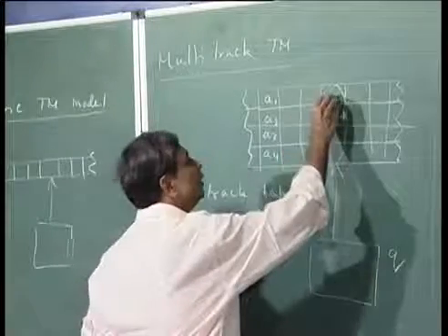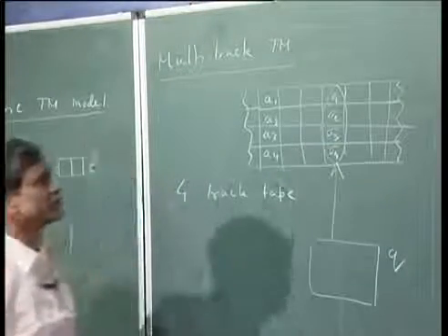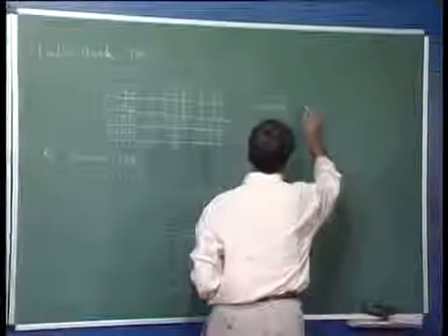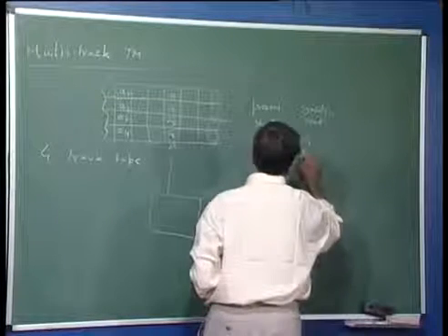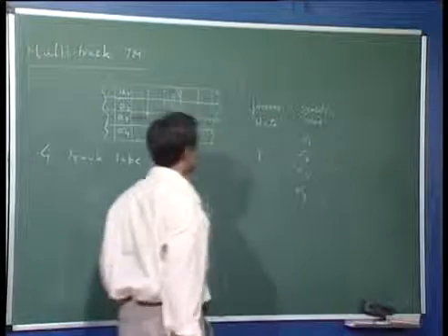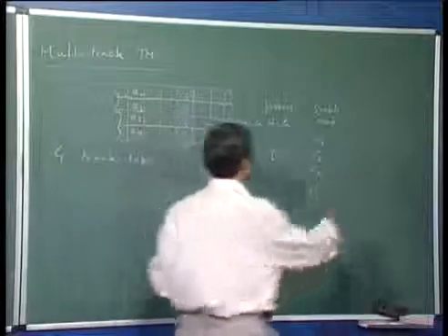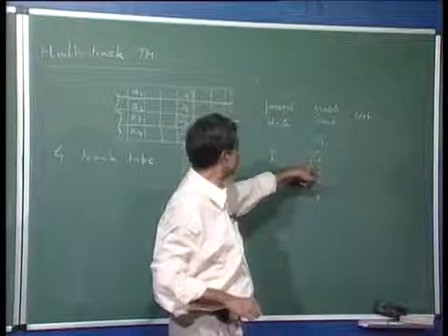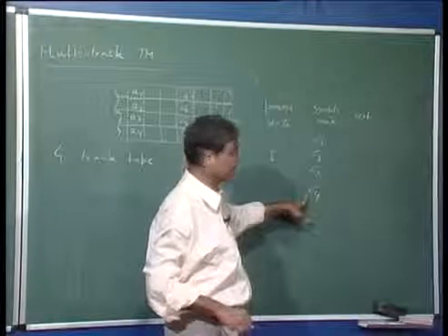So, let us say it is reading sigma 1, sigma 2, sigma 3, sigma 4, and the machine is in state Q. Now, what would such a machine do? Its transition function must specify what will be the next state if on track 1 you are reading sigma 1, on track 2 sigma 2, on track 3 sigma 3, and on track 4 sigma 4.